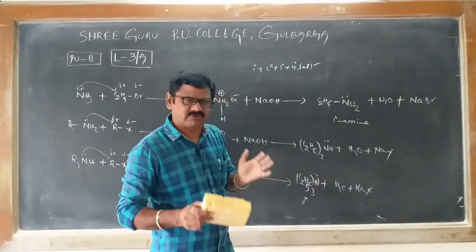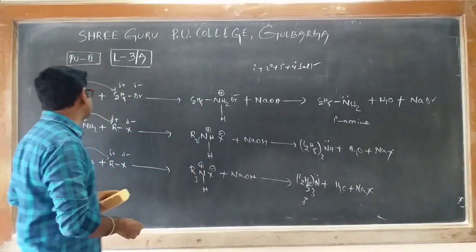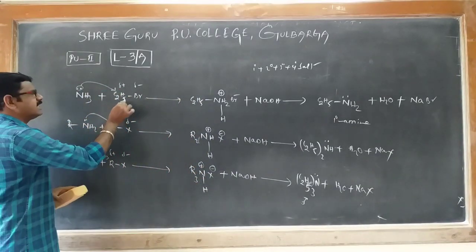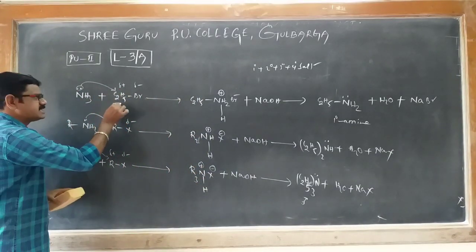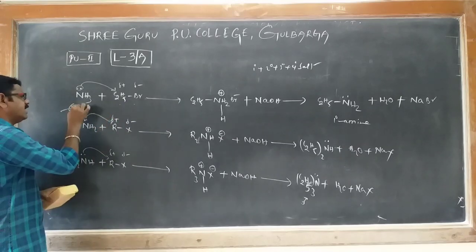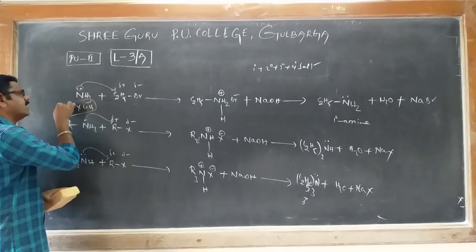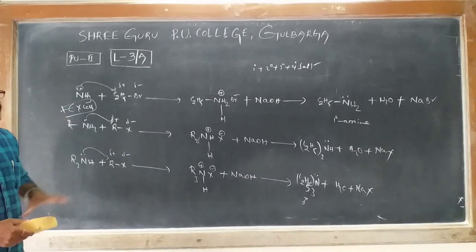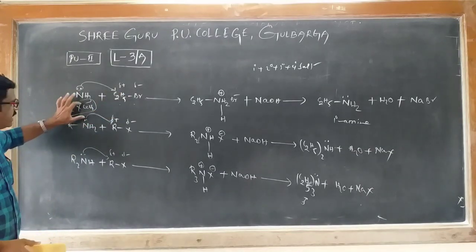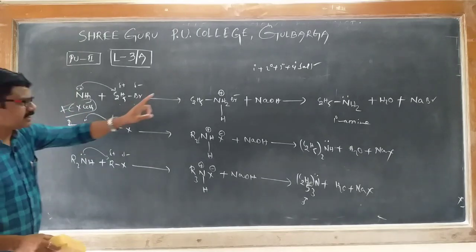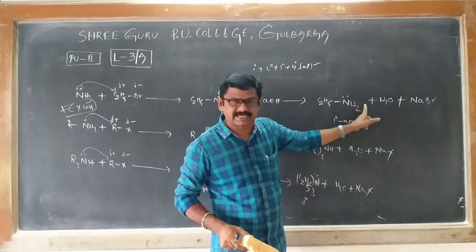For that purpose, what we have to do? Instead of an excess of alkyl halide, we have to take an excess of ammonia. This is an important point. If you take excess ammonia instead of excess alkyl halide, the reaction will be stopped at the primary amine.